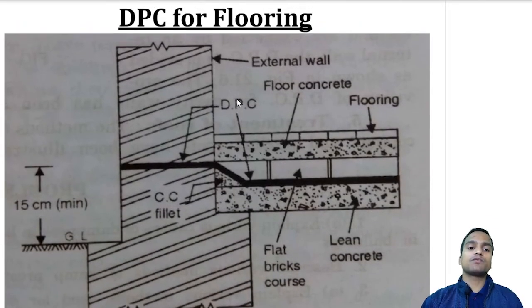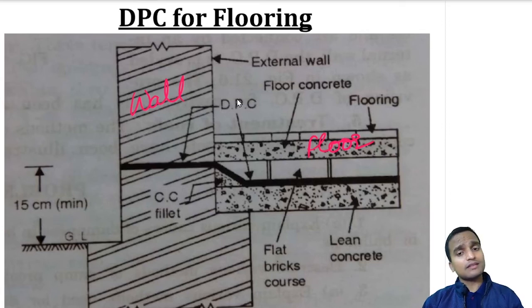So this was my wall, okay, but this is my floor. Now in normal cases we may ram the soil sufficiently, and above that we provide a layer of sand, and then we can go for flooring. Or if not that, then we have to do stone soling, and above that we can go for flooring.